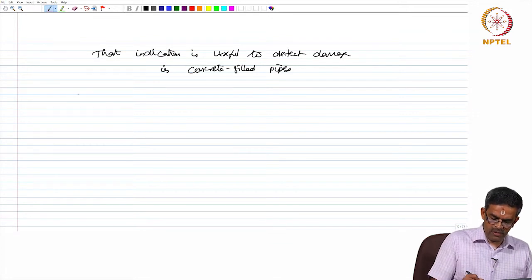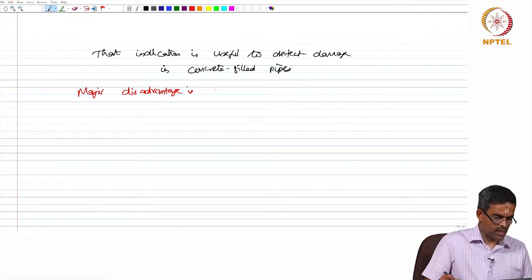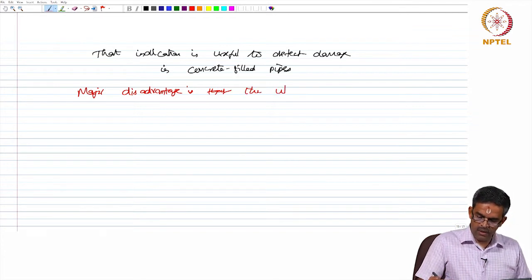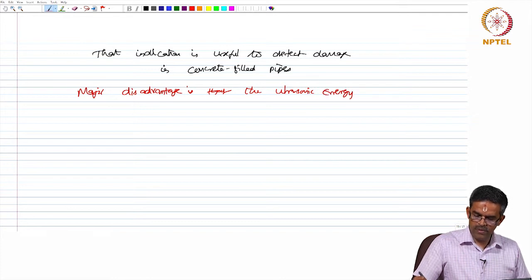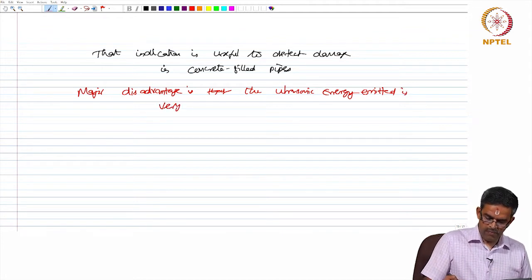One of the major disadvantages of this sensor is that the ultrasonic energy emitted is very low in strength.